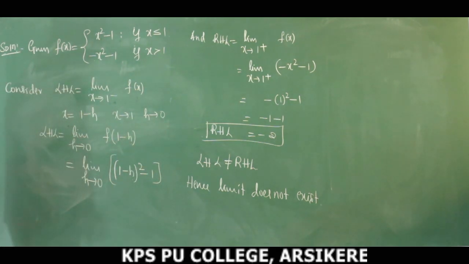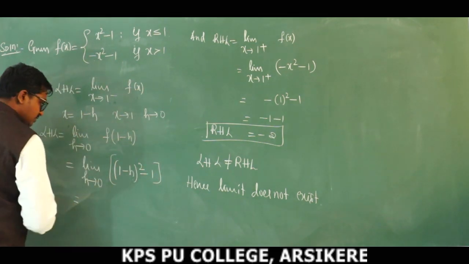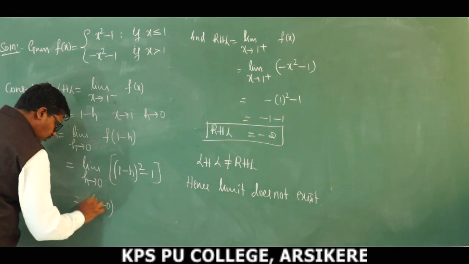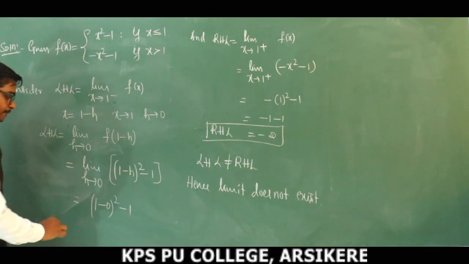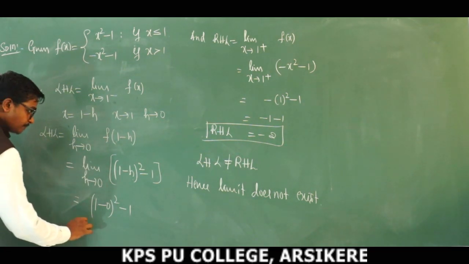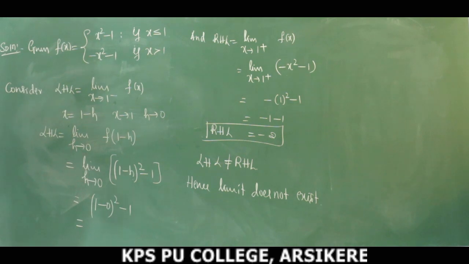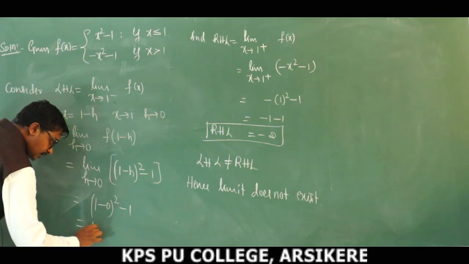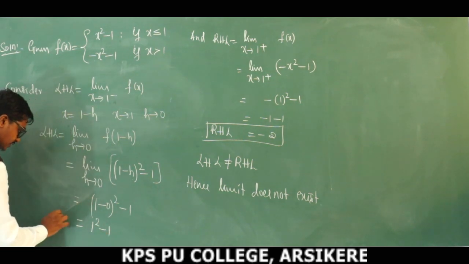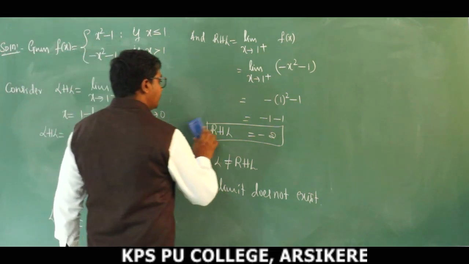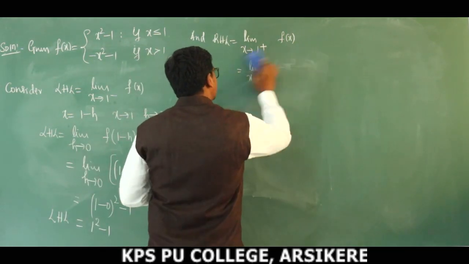You have to replace with 1 minus h. Now substitute h equal to 0 here: 1 minus 0 whole square minus 1. What do we get for 1 minus 0? 1 square minus 1. This is LHL. Therefore LHL is equal to what we get there.